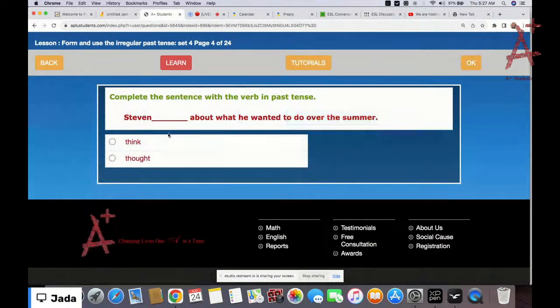Stephen thought or think about what he wanted to do over the summer. Is it thought or think? Thought or think? So thought. Okay, thought.